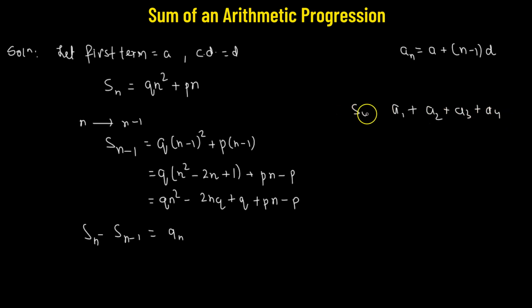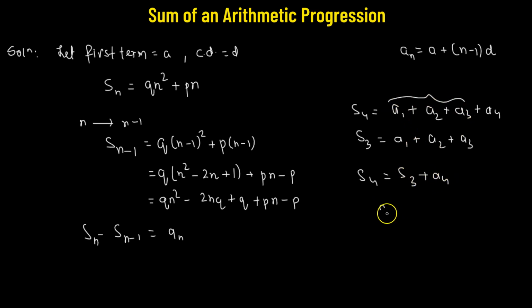So let's consider this is S4, and if we have S3, S3 will be A1 plus A2 plus A3. So S4 can be represented as A1 plus A2 plus A3, the sum of the first 3 terms, plus A4. So if we subtract S4 minus S3, this is going to give us the fourth term, which is A4. So that's what we have done here.